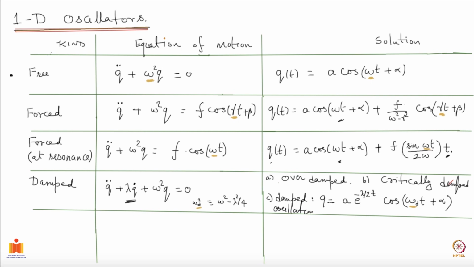So that is what happens in damped oscillations. Now what we want to do is to look at again a one-dimensional system which is experiencing damping due to some friction which is present, maybe air or whatever, and also there is an external agent which is applying a periodic force on it. Okay, so that is what we want to do next.